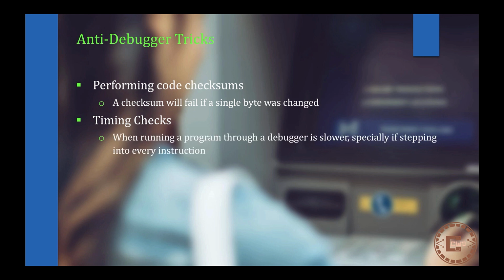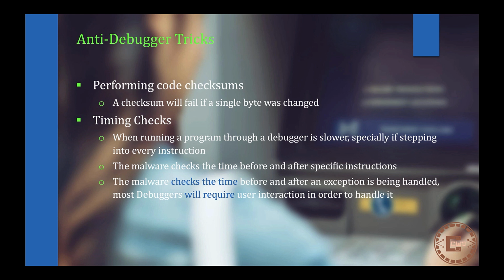So what the malware does is check how long it takes, and if you go slower, I know that you're not getting the next instructions faster, then there is something there. That means you're going step by step manually, and I know there is a debugger. So the malware checks the before and after specific instructions, checks the elapsed time, and realizes there is a debugger.